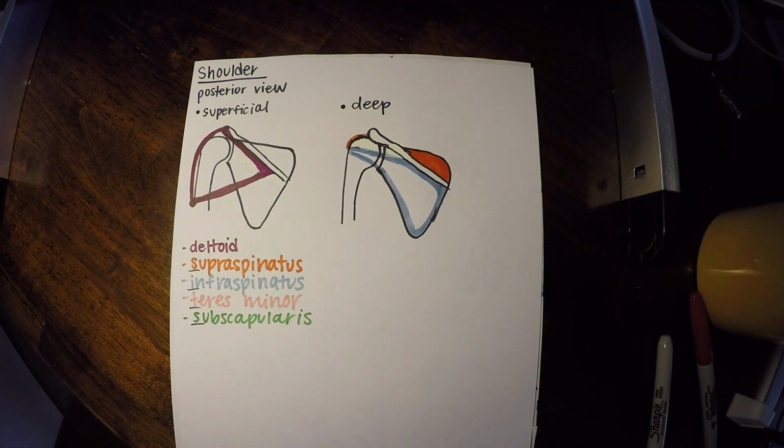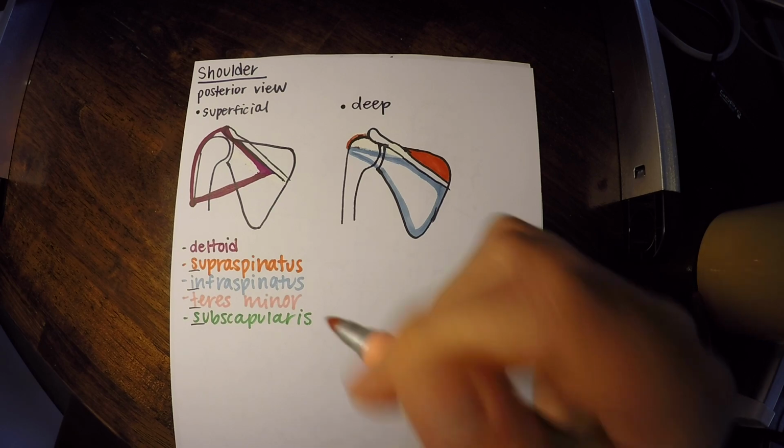Now that's our infraspinatus. Next we have our Teres Minor. And for Teres Minor, it's going to go from the lateral aspect of our scapula, and it's also going to make its way to that part of the humerus.